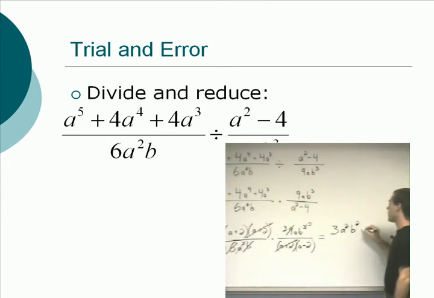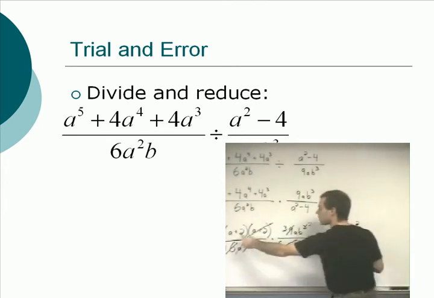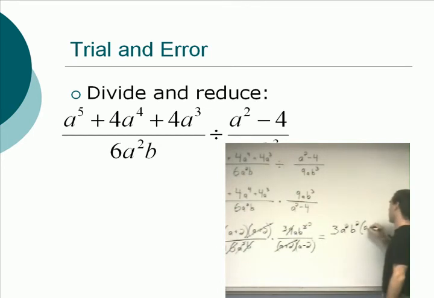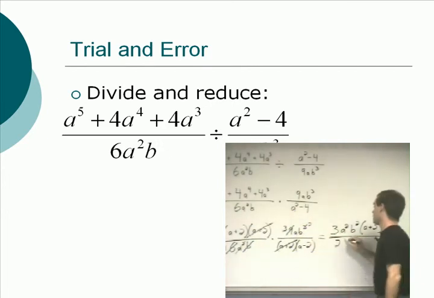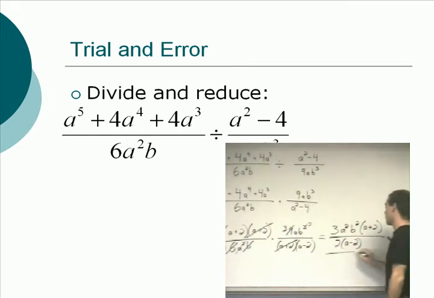So a squared, b squared times a plus 2 over down there 2 times a minus 2, and we're done. Nothing more to simplify.